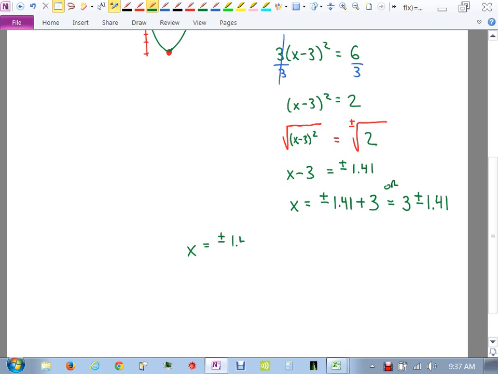Plus or minus 1.41 plus 3, and then the way I did it in class last time, I had 2 little arrows like this. One of them is when I do the plus, one of them is when I do the minus. So if I treat it as a positive 1.41, I get 4.41, right? And if I subtract, negative 1.41, add 3, what do you get?